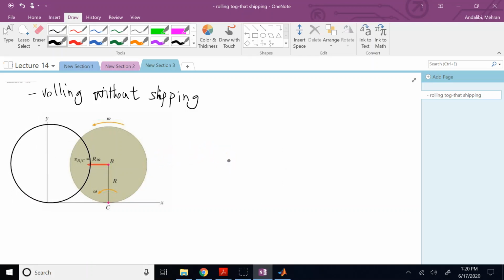Okay, and then let's say point B is the centroid here, and I call it point B prime, if you don't mind. And what happened to this point C? When the disk rolls, point C comes to the right and upward. So let's say point C is here now.